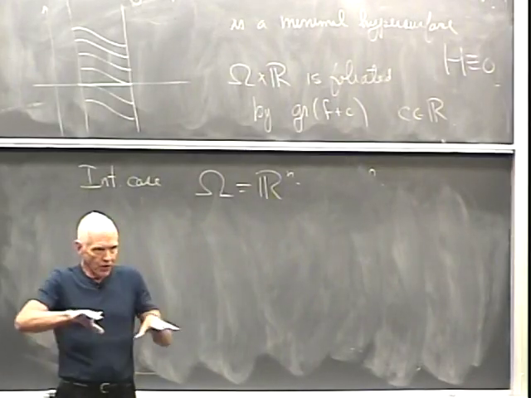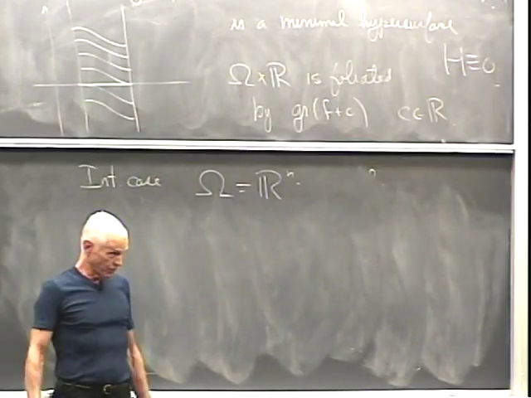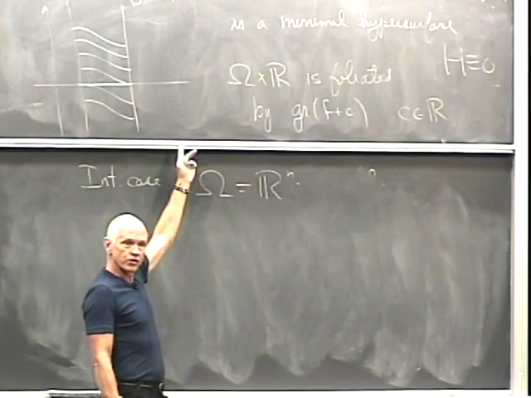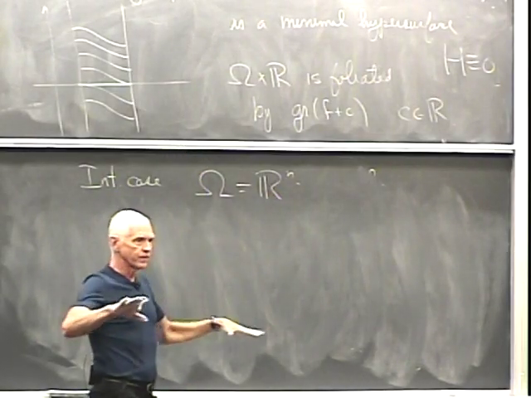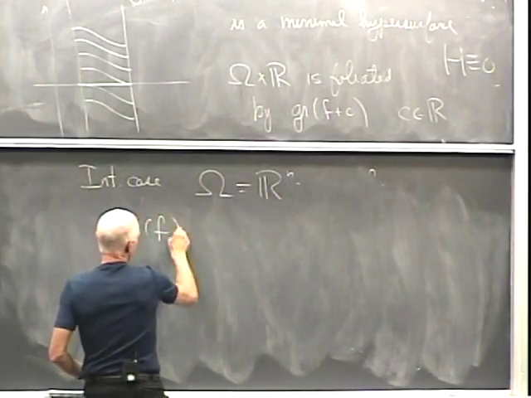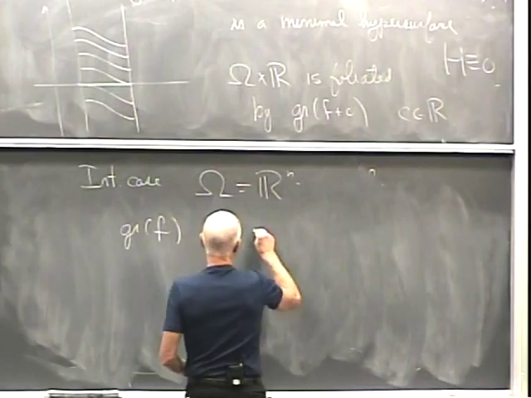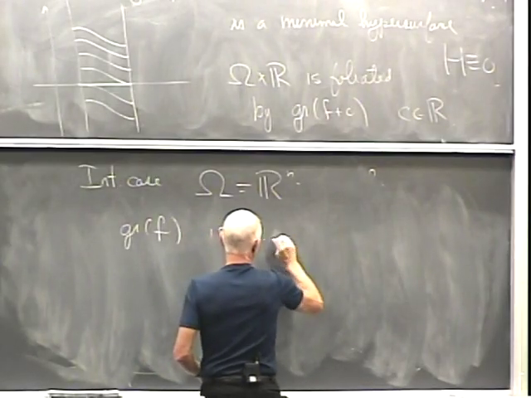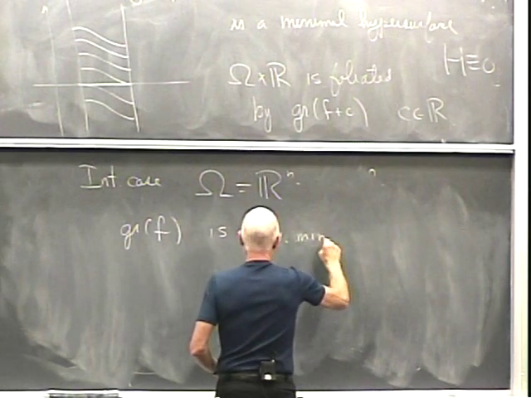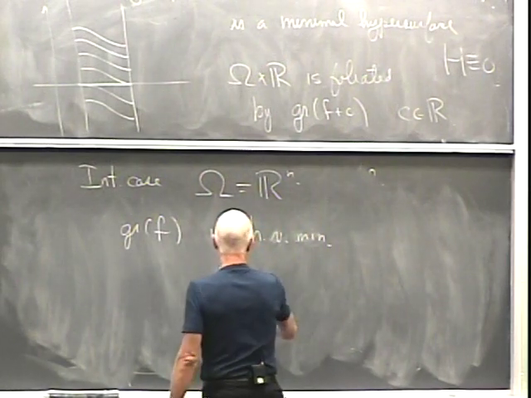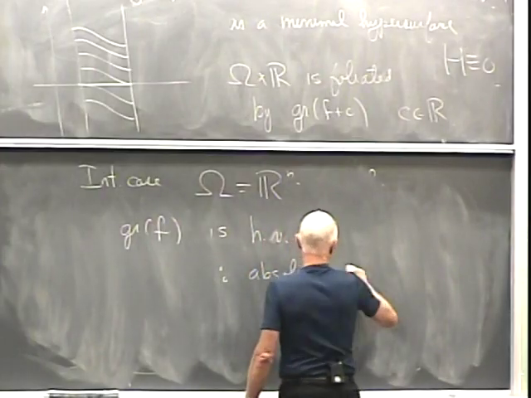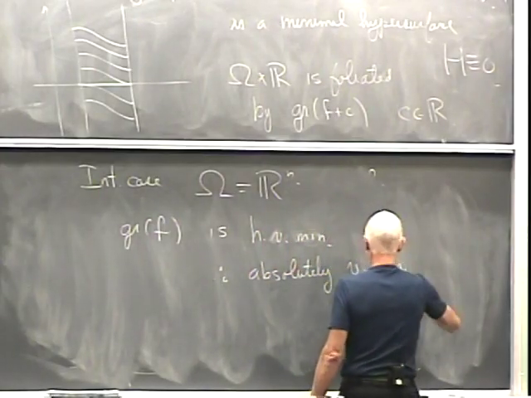So now if you have a function which is defined over all of R^n, and it satisfies the minimal surface equation, then the graph of f is homologically volume minimizing, but there is no homology. So therefore, absolutely volume minimizing.